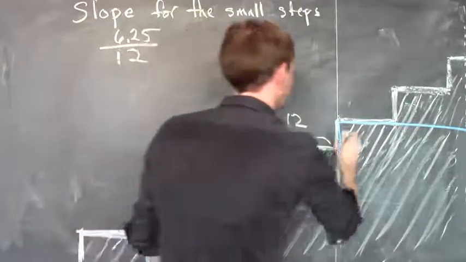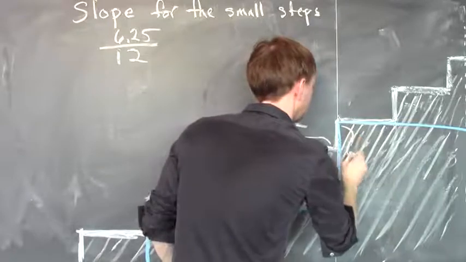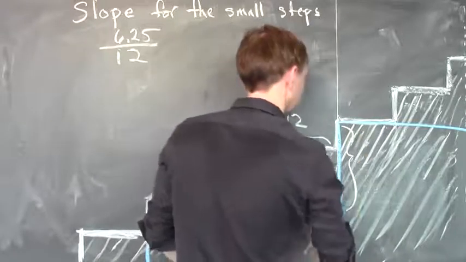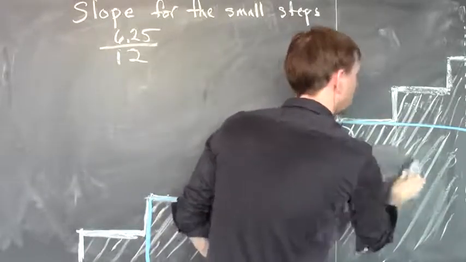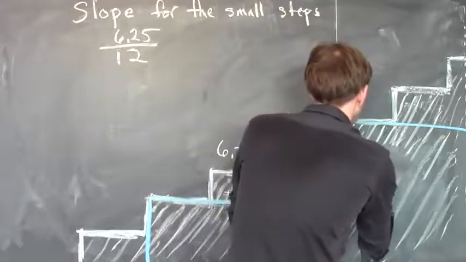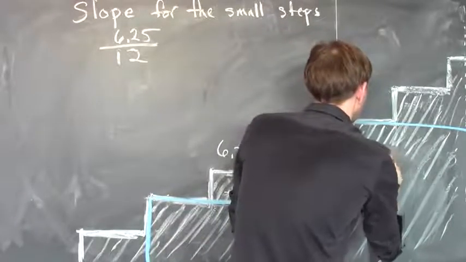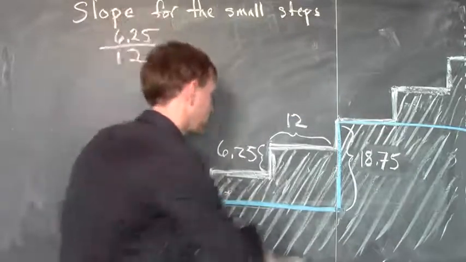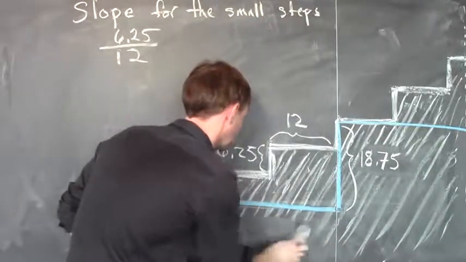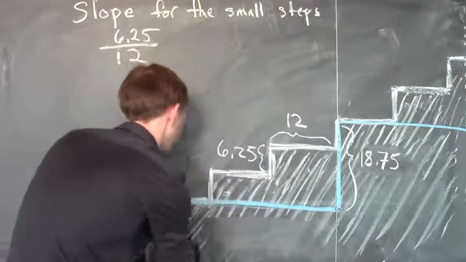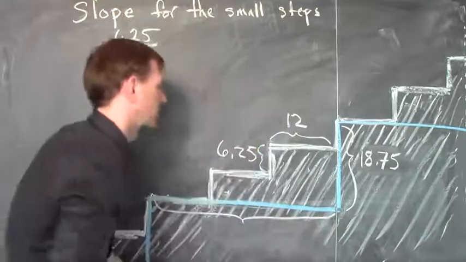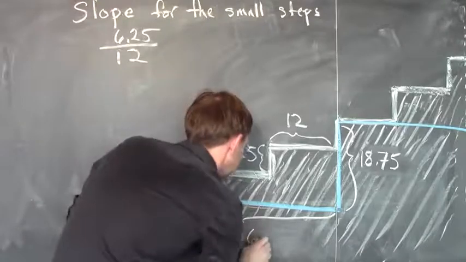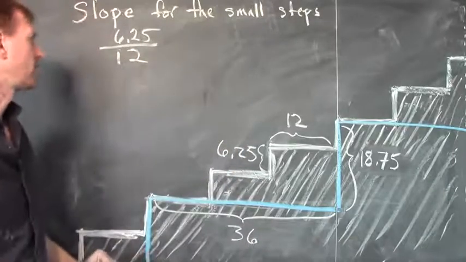All right. The height of the large step was, let's erase right here, 18.75 inches. That's the height of the large step. And the width of the large step was 36 inches. Okay, great.